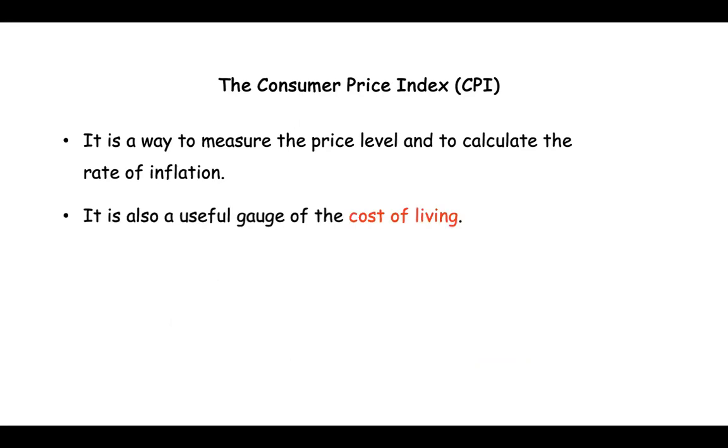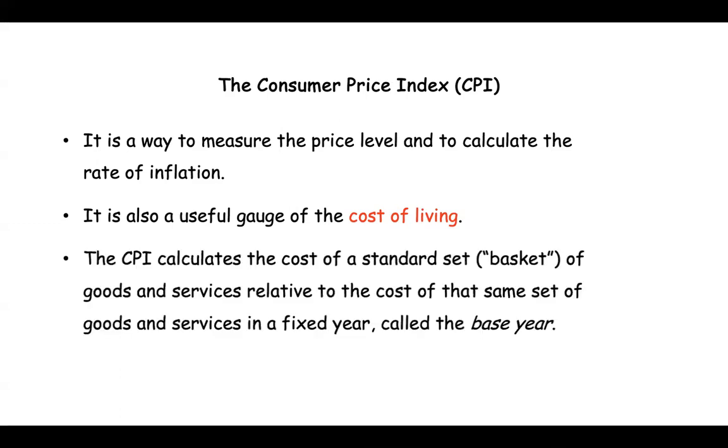So it's sometimes a more useful measure of cost of living in a society, okay? Because there might be some goods and services that are completely irrelevant for the average person, and so what happens with those prices is not going to have a direct impact on the cost of living for families, okay?